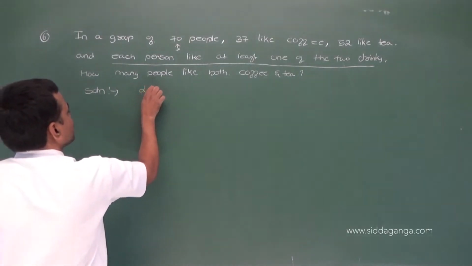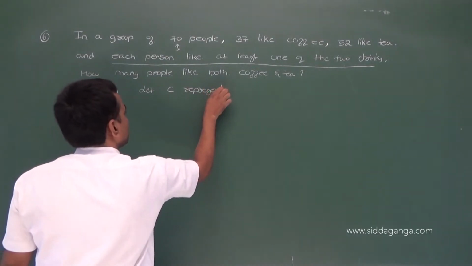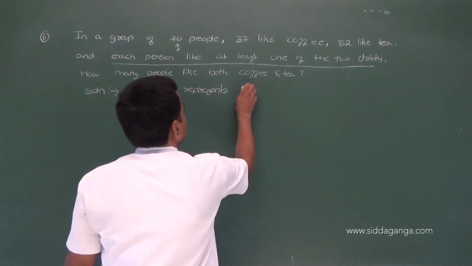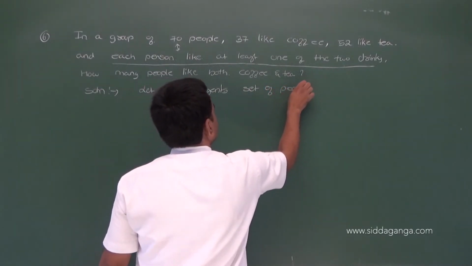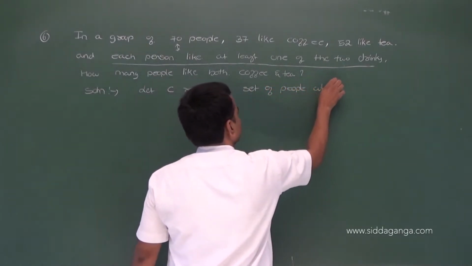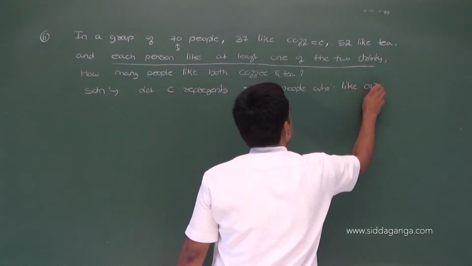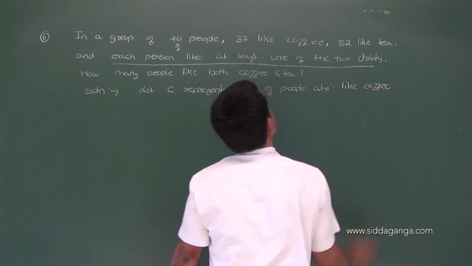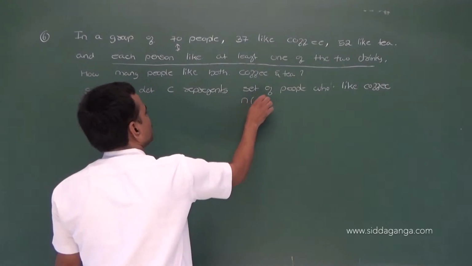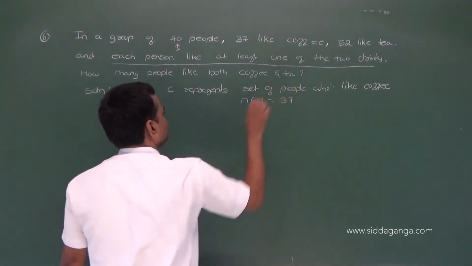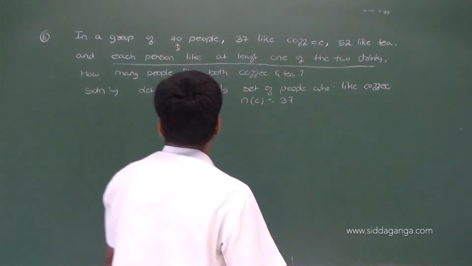Let C represent the set of people who like coffee. Then n of C is 37.